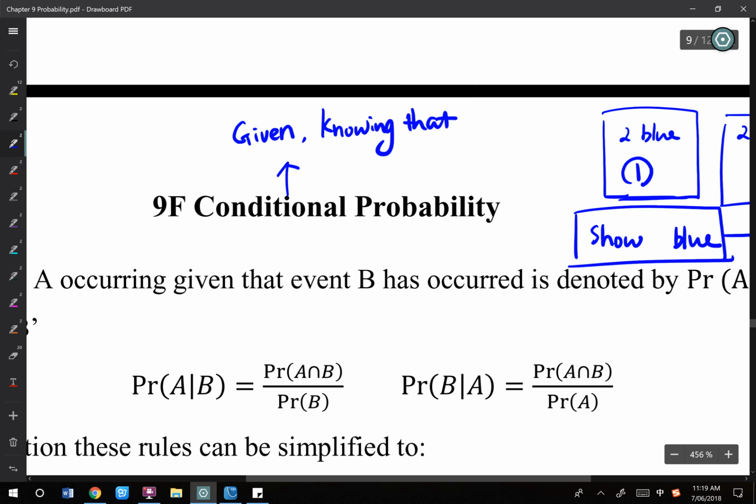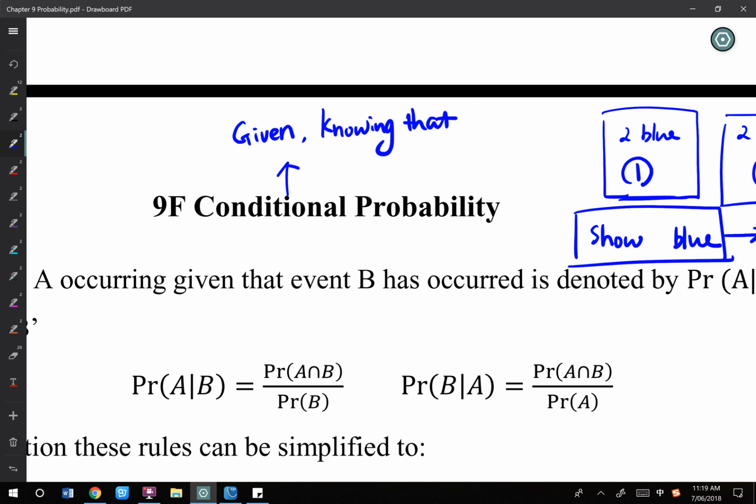So, given the card on the table is blue, comma, what's the probability you get the card with 2 sides blue? That obviously shows it's a conditional probability, and you need to think about the conditional probability formula.